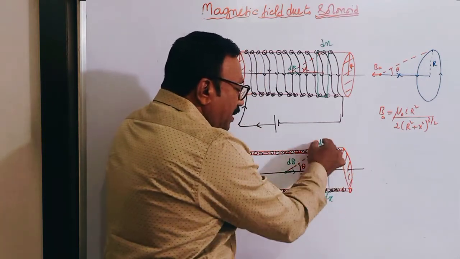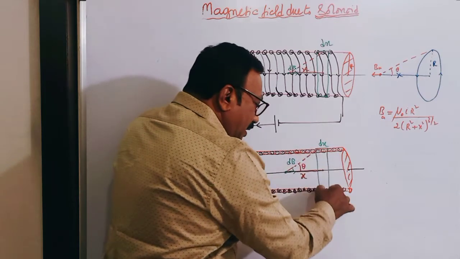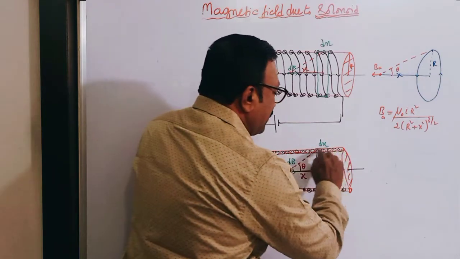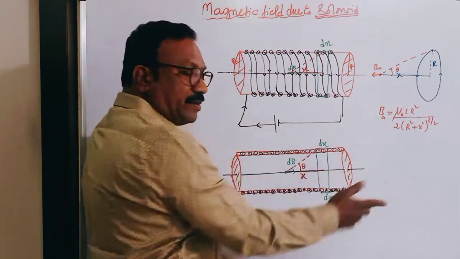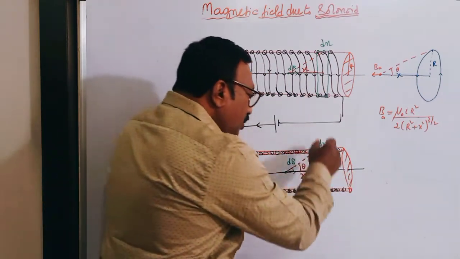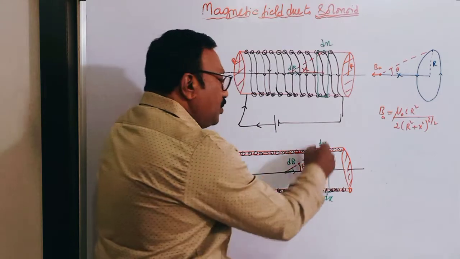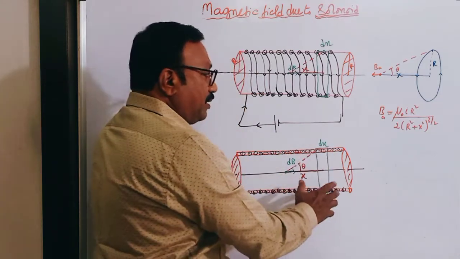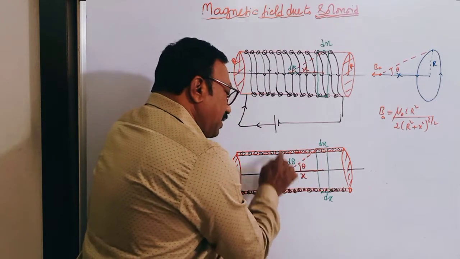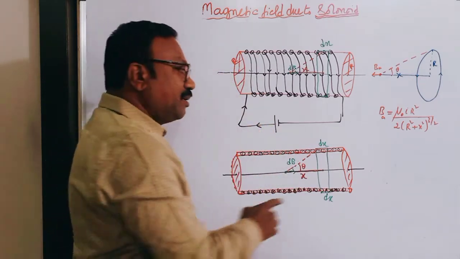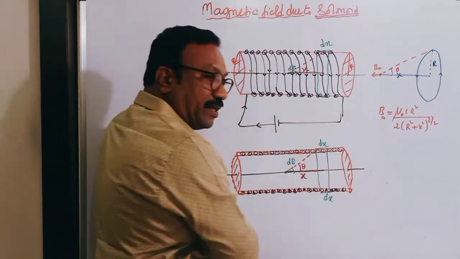So one elemental circular conductor or elemental ring I am considering, whose thickness is dx. Of course, radius is r. And due to this elemental ring, the magnetic field at a distance x, let it be dB. That means this B axial now becomes dB.